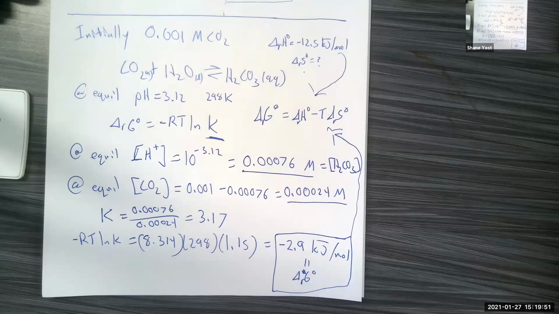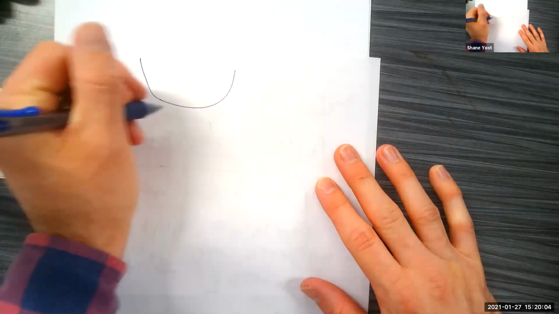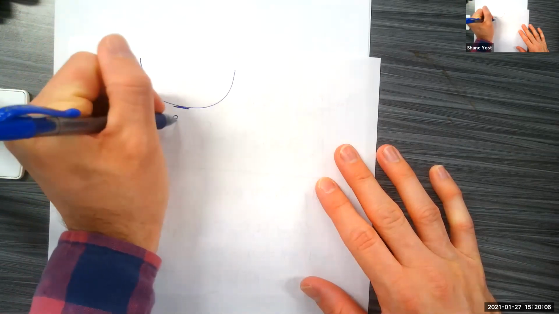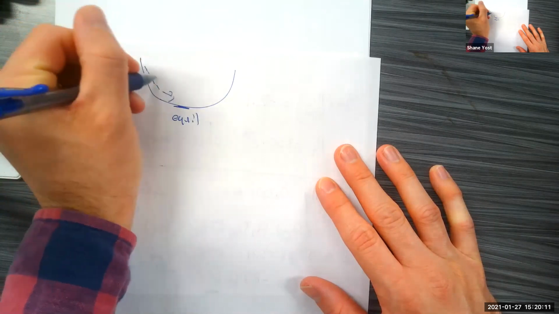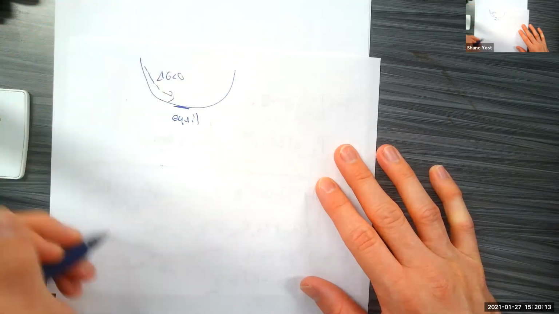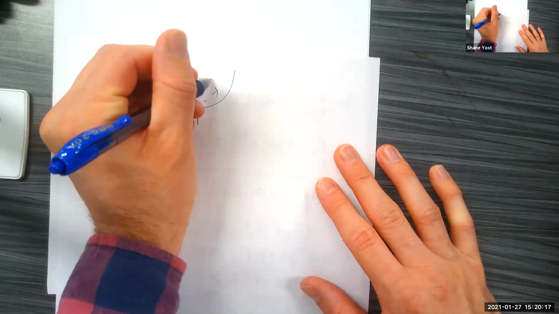But the question is, when does it become non-spontaneous? Well, if I'm spontaneous in one direction, delta G is less than 0. In order to get to non-spontaneous, delta G is going to be greater than 0.